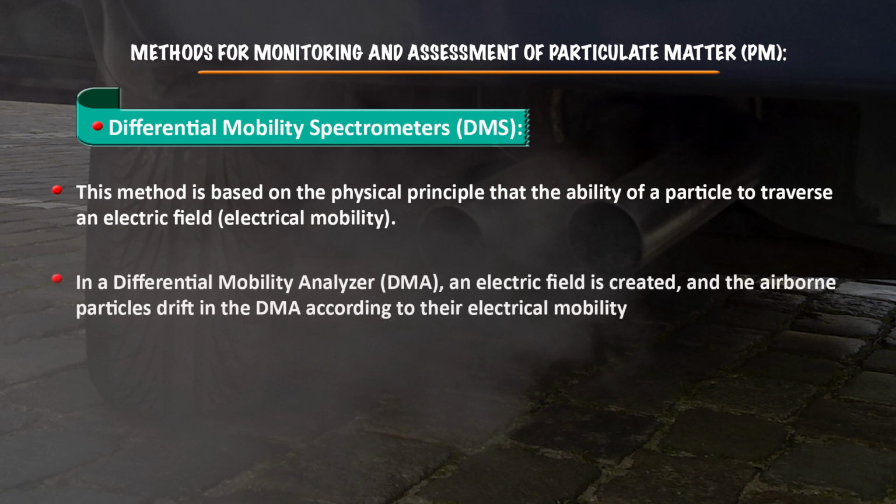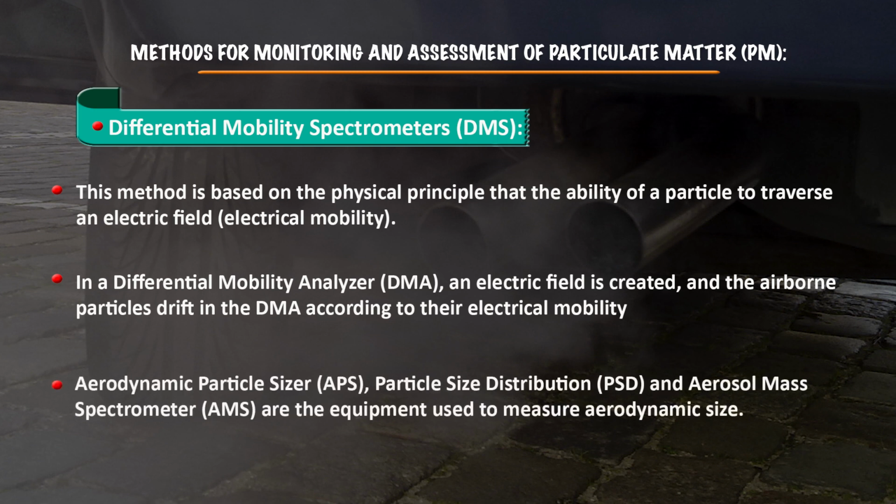In a differential mobility analyzer, that is a DMA, an electric field is created, and the airborne particles drift in the DMA according to their electrical mobility. And also the aerodynamic particle sizer, APS, for the particle size distribution, PSD, and the aerosol mass spectrometer, AMS, are the equipment used to measure aerodynamic size.